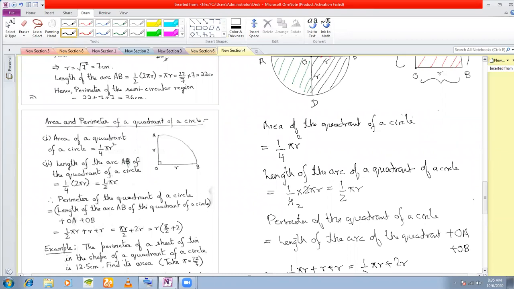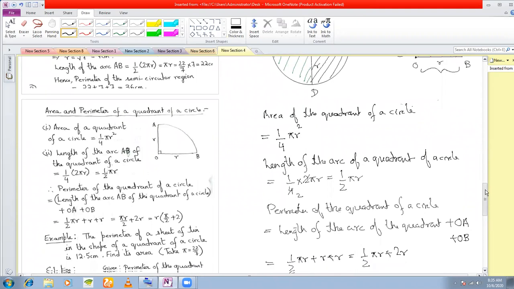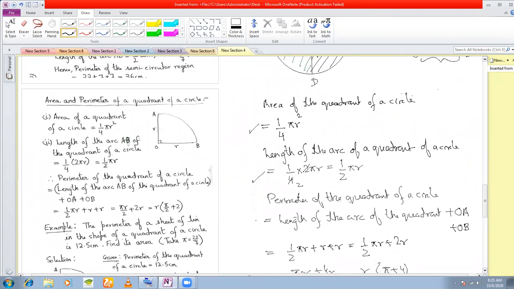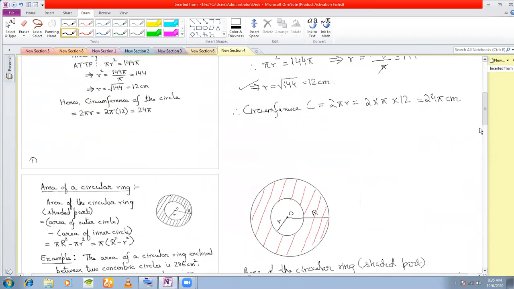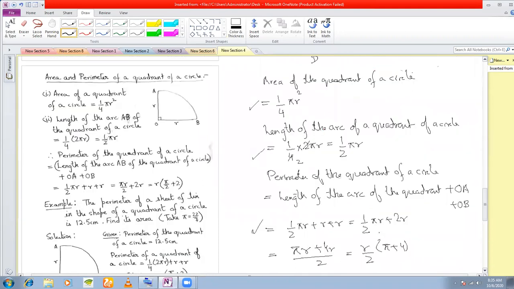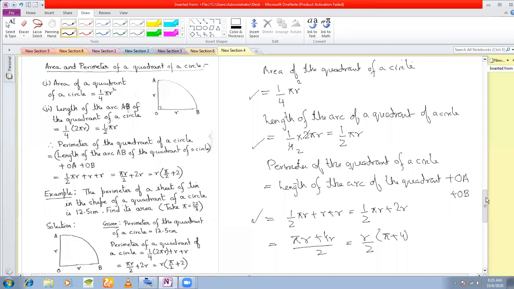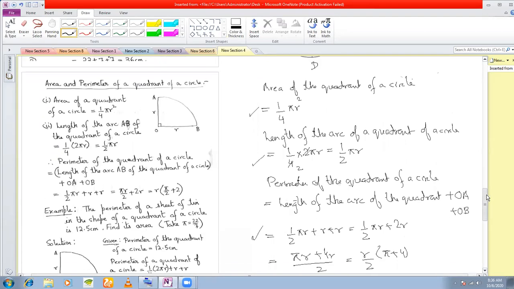And you can find out the area of a quadrant, the perimeter of a quadrant and the length of the arc of a quadrant. You don't need to actually remember all these formulas. If you can, I don't have any problem, but actually you don't need to. If you simply remember the way I have calculated the area of the quadrant, the length of the arc, and then the perimeter of the quadrant, you won't need to memorize the formulas.